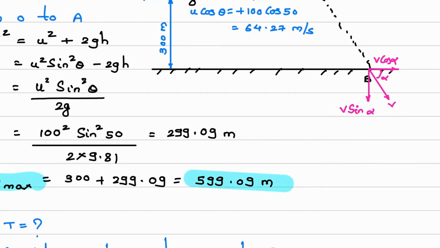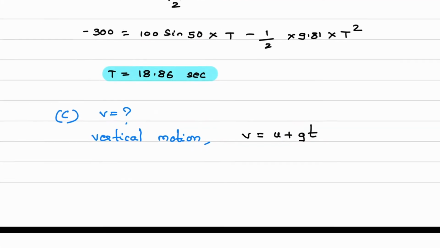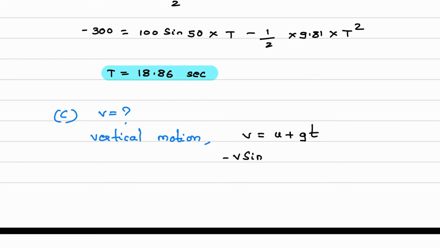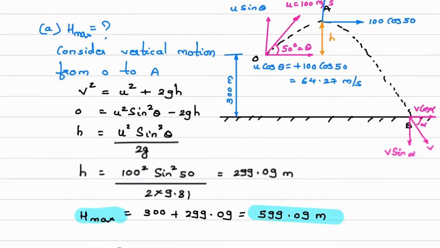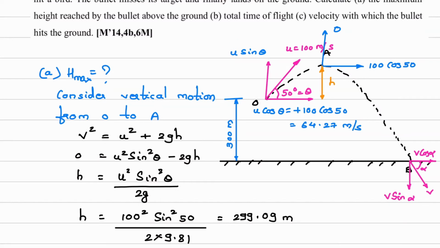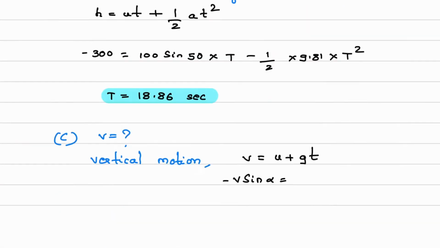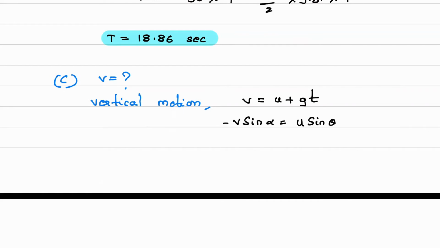It is downward, so it will be negative, minus v sine alpha, equal to the initial velocity, which is u sine theta, minus g into t. So from here we can calculate minus v sine alpha. This value is equal to minus 108.41. Suppose this is equation 1.